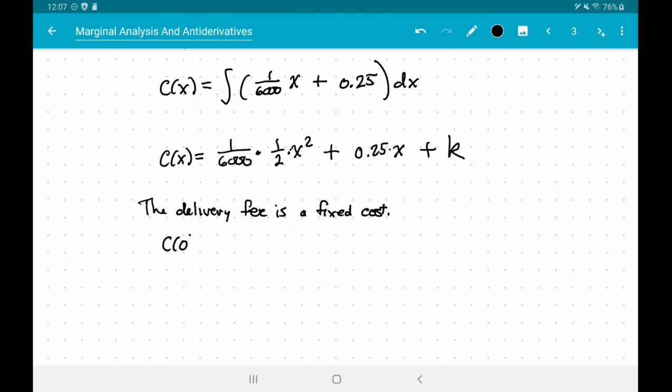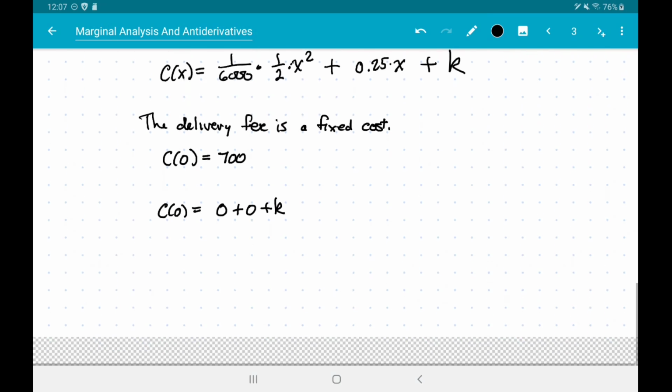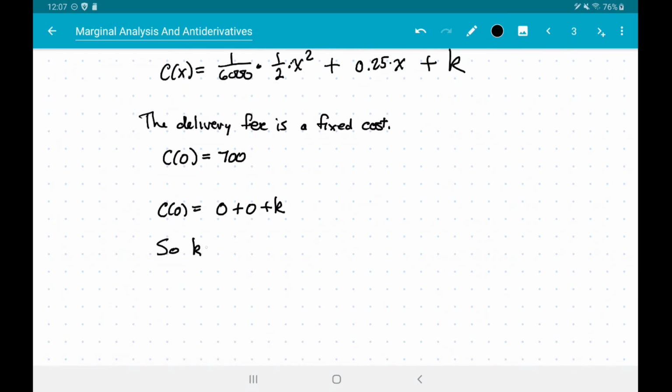So that means that C of 0 should be the $700 for the delivery fee. Well, C of 0 is also equal to, you can check this out, 0 plus 0 plus k. When I plug in x equals 0 here, all of that zeroes out, and we're just left with k. So k is 700. Finally, we need to put all of this together.